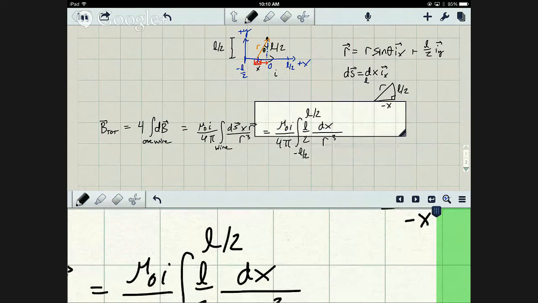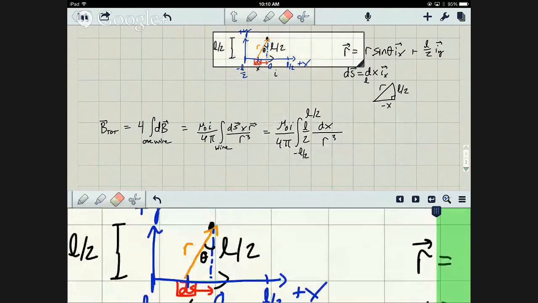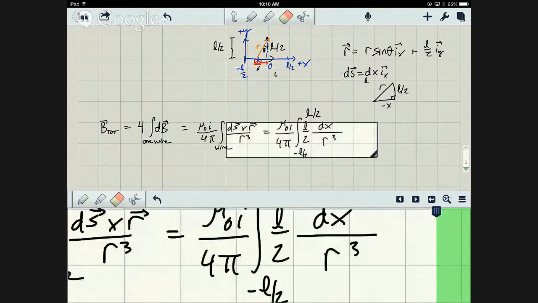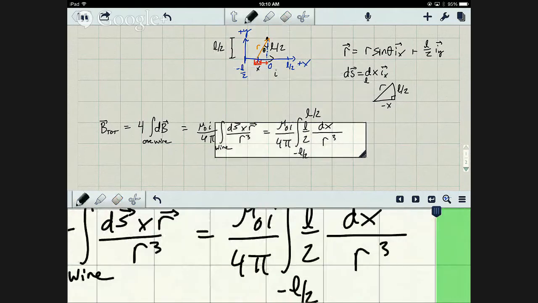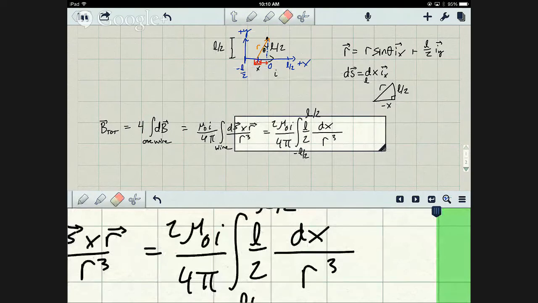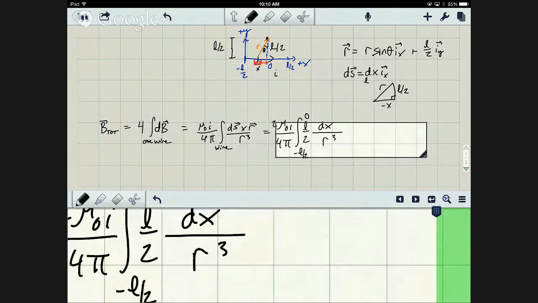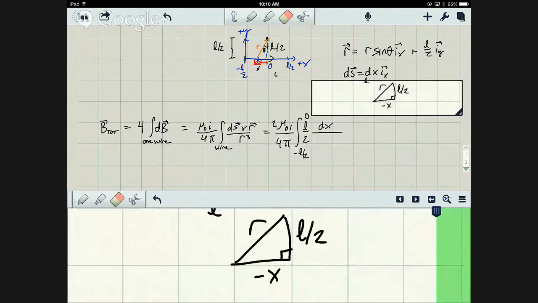Since we essentially have the same integral on either side of this origin, we can just double the integral from negative L over 2 to 0. So let's take 2 times the integral from negative L over 2 to 0. R here is just given by this figure.